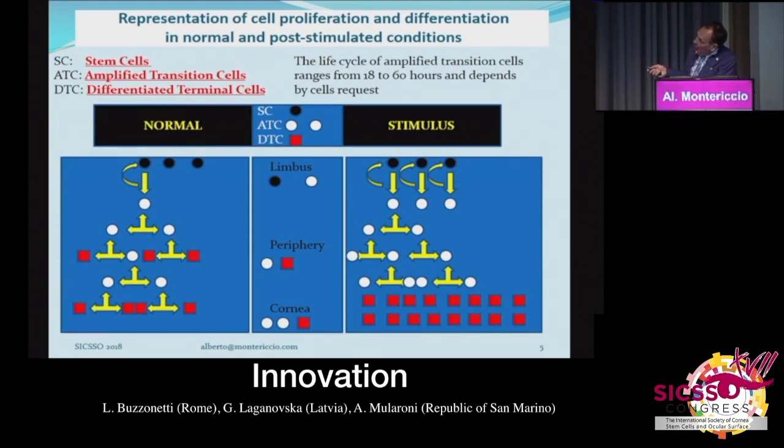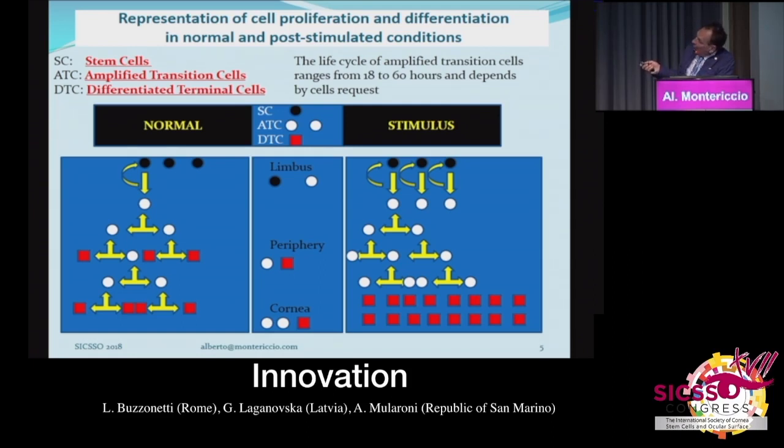Under normal conditions, we have especially dormant stem cells which reproduce very slowly. They produce another stem cell, they give rise to an amplified transition cell, and then we have the differentiated terminal cells.